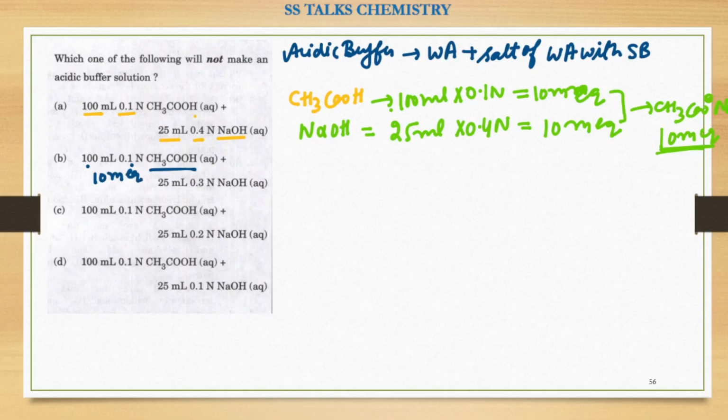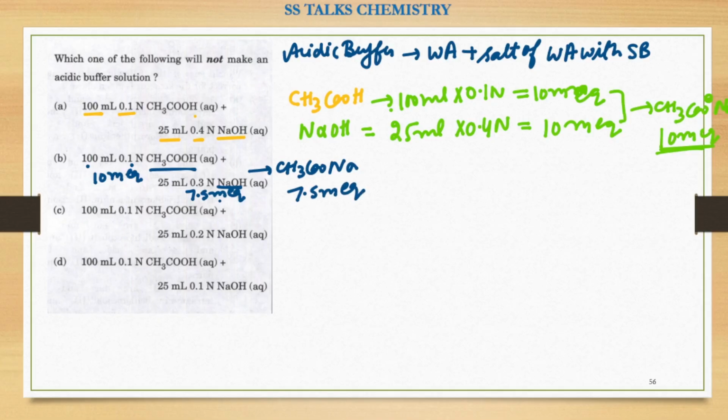And for this NaOH, it is 7.5 milliequivalents. After the treatment, because the reaction product depends upon the limiting reagent, here NaOH is the limiting reagent, which means the sodium acetate being formed will be 7.5 milliequivalents.